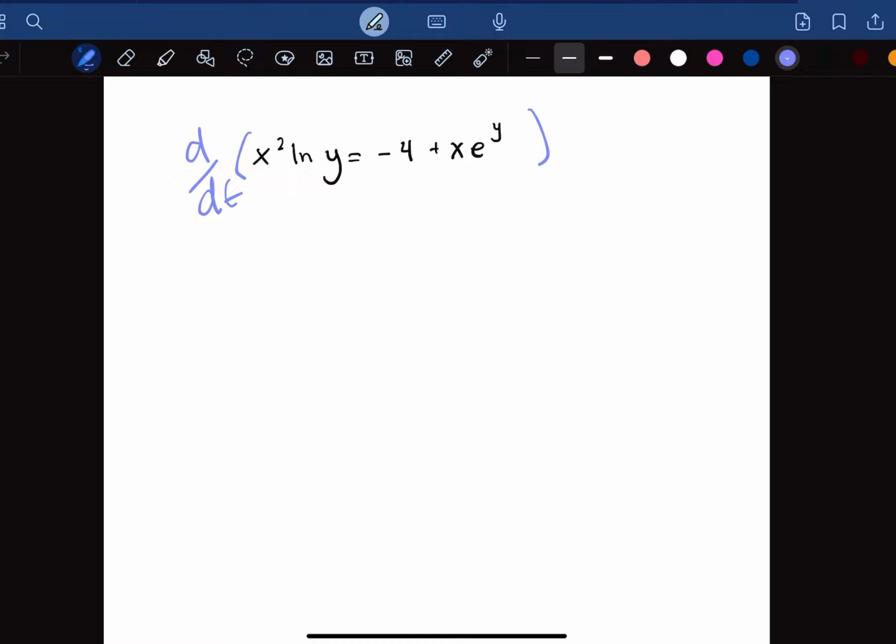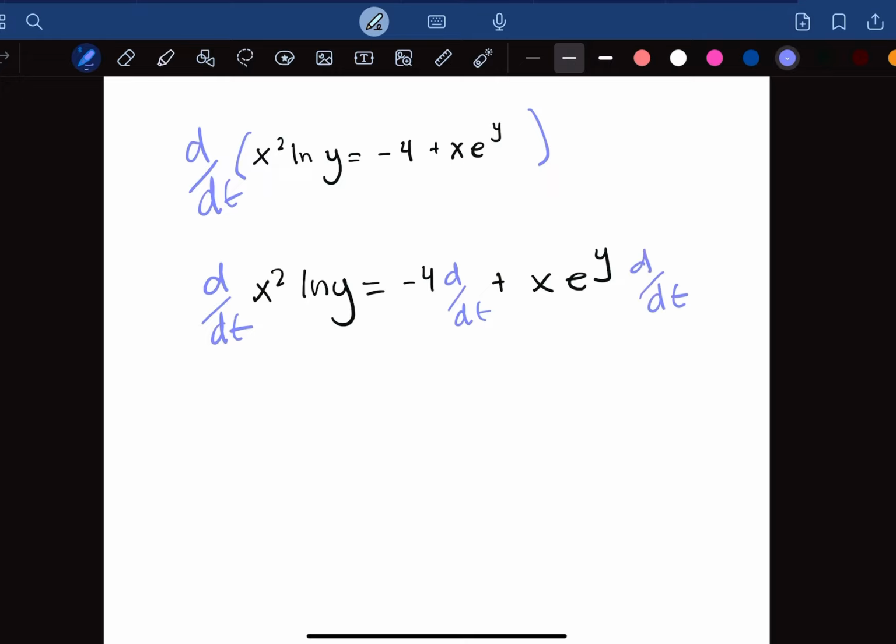So we have d over dt times x squared times the natural log of y is equal to -4 times d over dt plus x times e to the y times d over dt. Now we can separate this into little parts and plug everything back in.